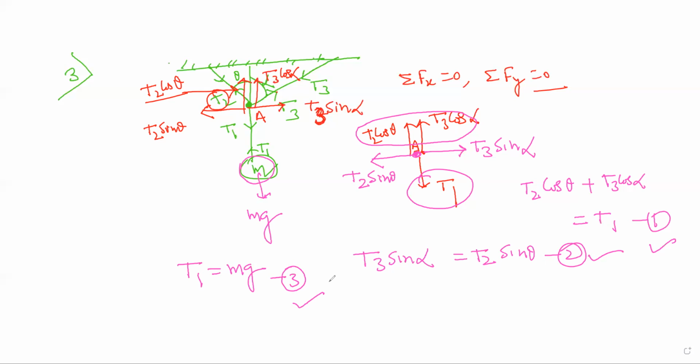Now I am also discussing some more questions. Suppose these are two perpendicular surfaces, this is the ceiling and this is the wall, and a block is hanged in this fashion.